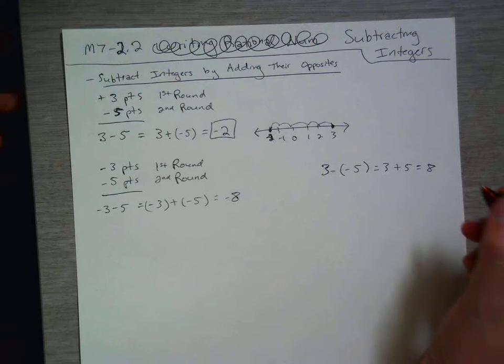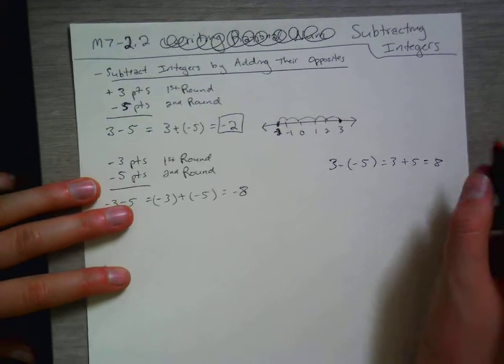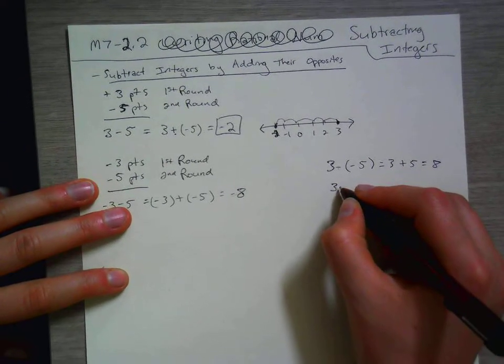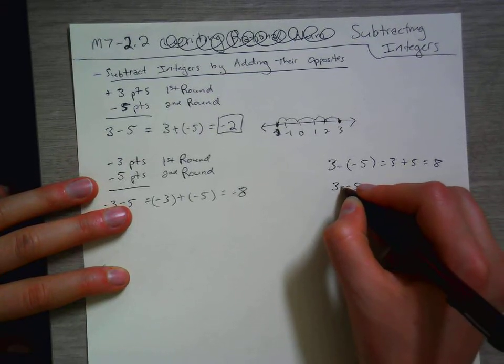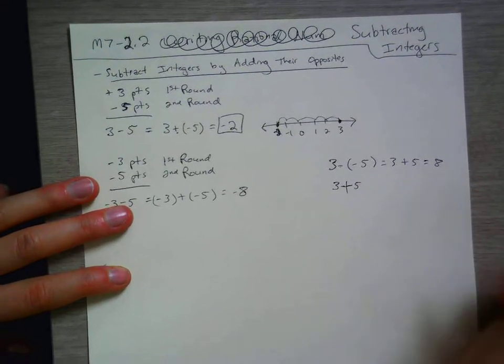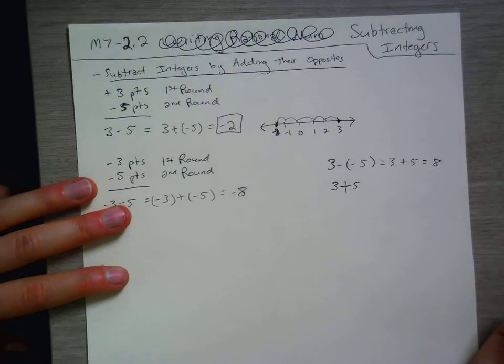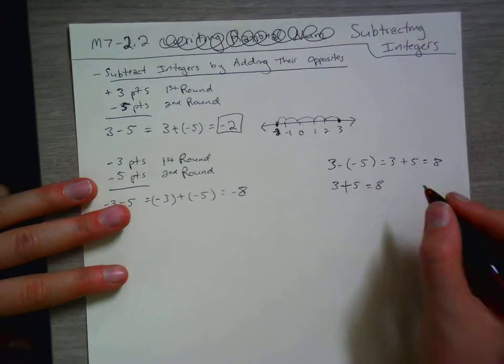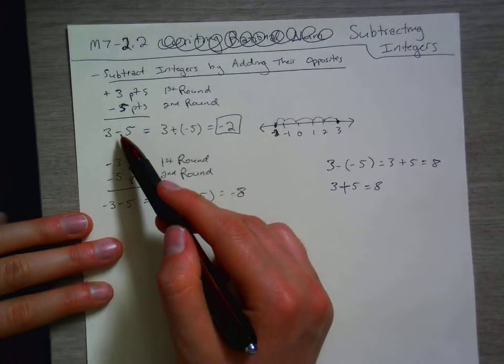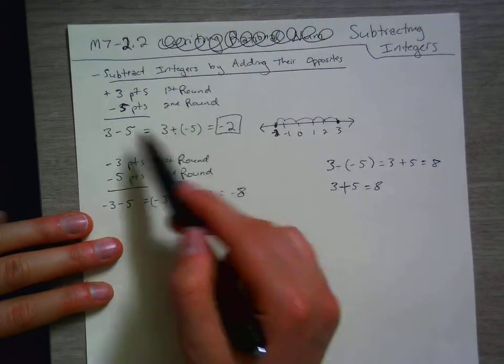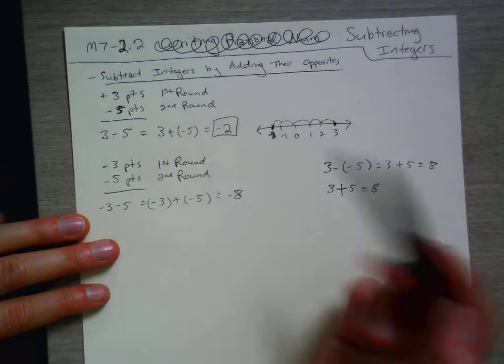And that's positive. So when I see this, 3 minus a negative 5, I just turn that negative into a positive. When there's 2 negatives, you can turn that into the positive, and then it becomes 8. When there's only 1, when you are just subtracting, it's just plus, and then the negative.